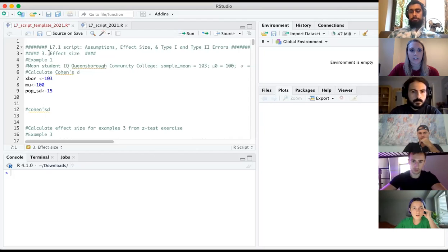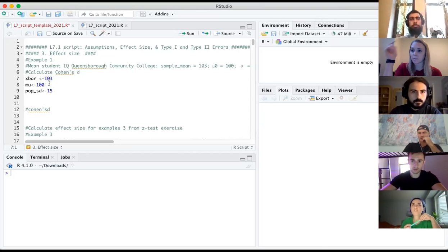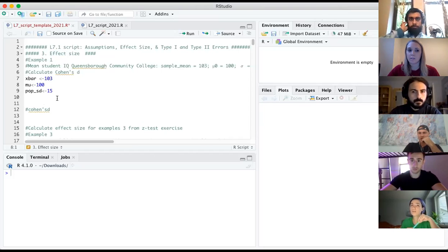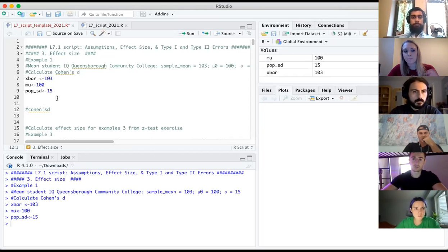So I'm going to start here at the effect size. This is the exact same example. Remember, we often call our sample mean X bar, denoted by the X with the bar over the top, and our population mean mu. And our population standard deviation is 15. This is exactly what we had in the example.